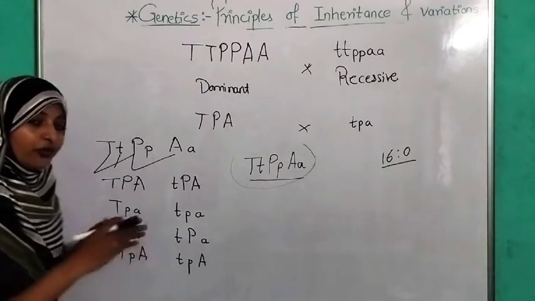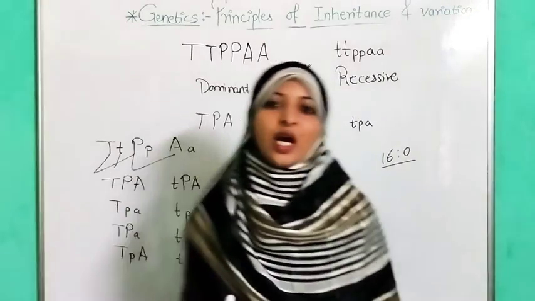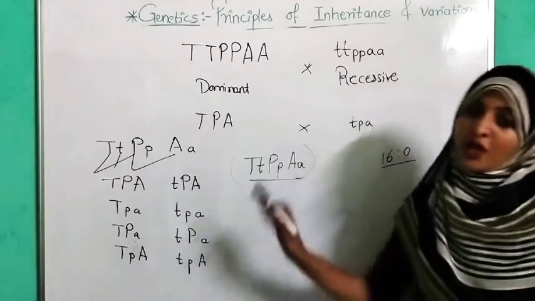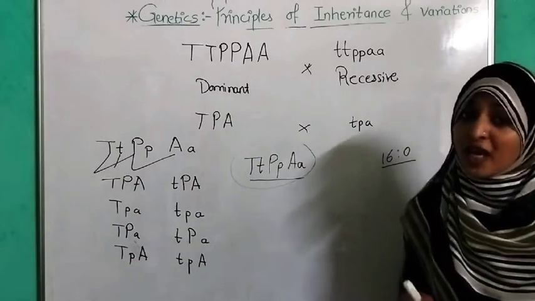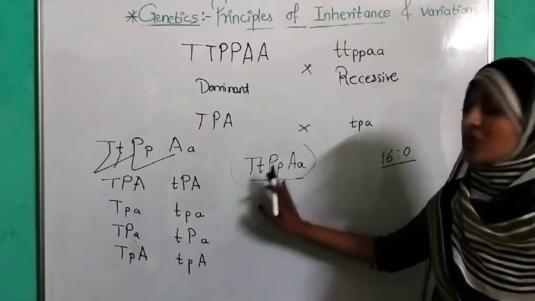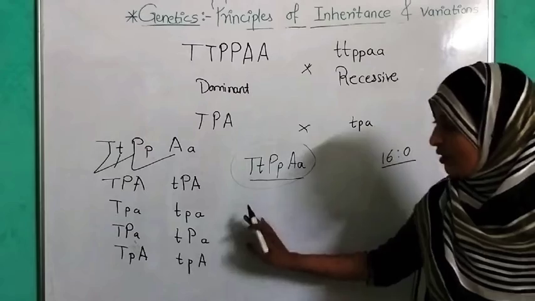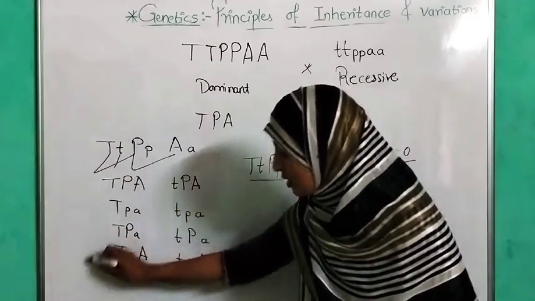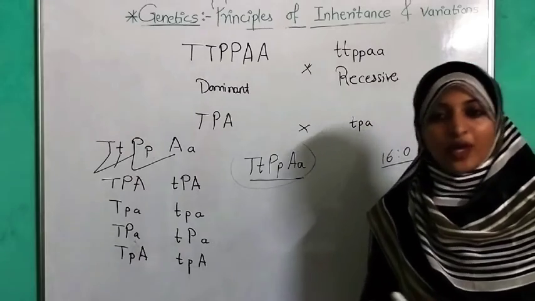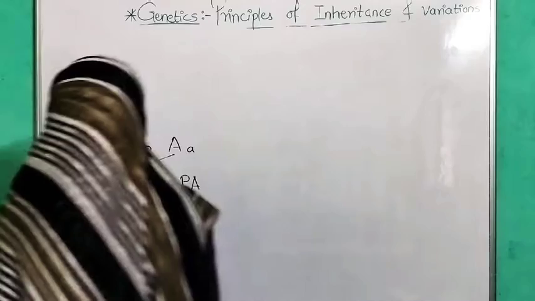Now, if we want to find the F2 generation, what are we going to do? We are going to cross these alleles with the same parents, because we are taking selfing, which means the offspring of the F1 generation are selfed. So we get here the 8 alleles, we are going to cross them, and we are going to find the ratio of the F2 generation.